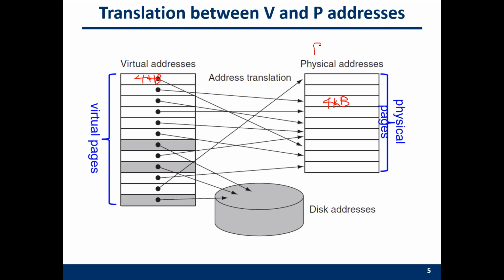The physical memory can be DRAM. So we assume that DRAM is faster than the traditional HDD or even NAND flash.